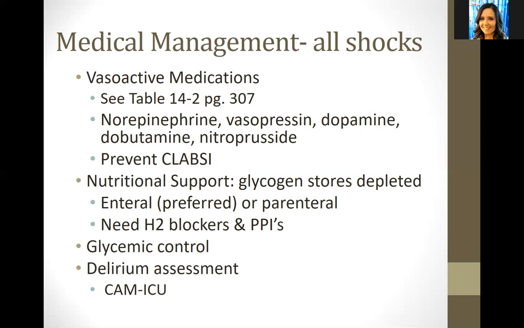If you look in your med-surg book on page 211, the chart 11.7 gives you all the information for that CAM ICU tool. And you may do this every 4 hours or every shift. It just depends. You may do it as needed. If you did it once already your shift and you notice or you're starting to suspect signs of delirium, then go ahead and do another one.